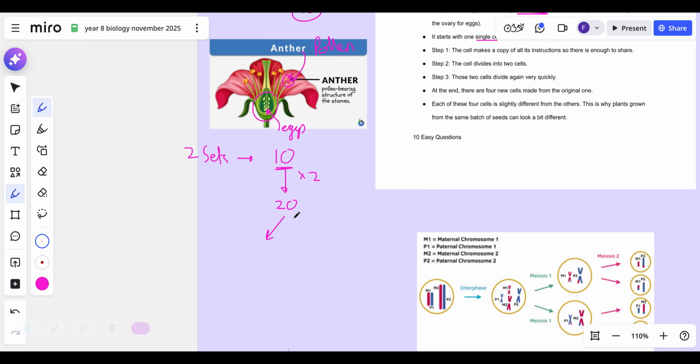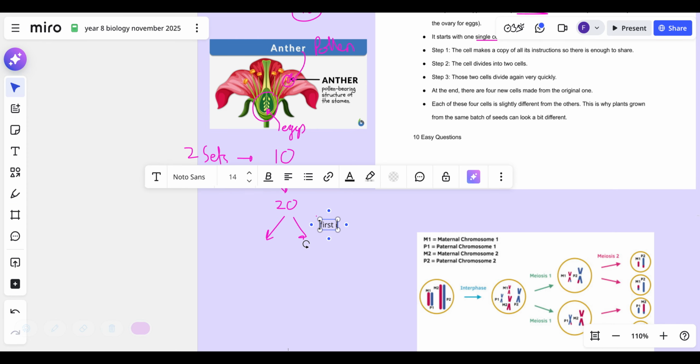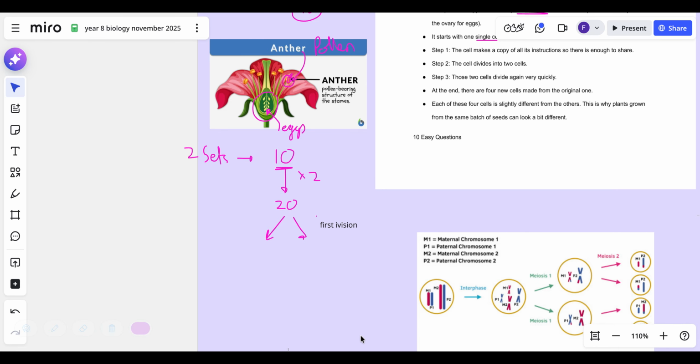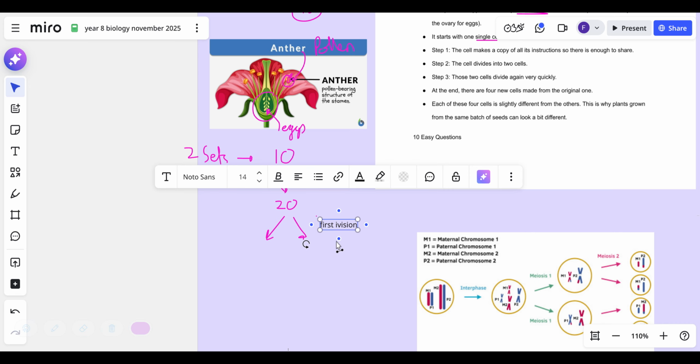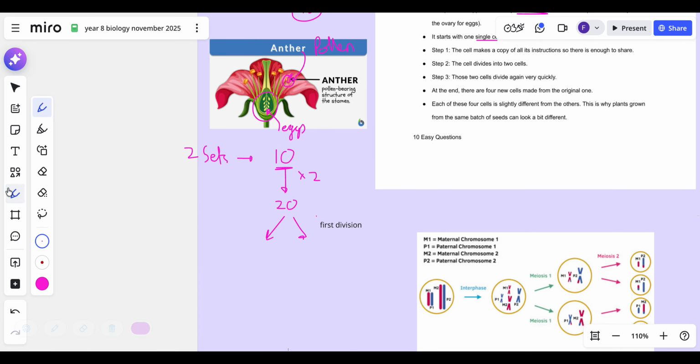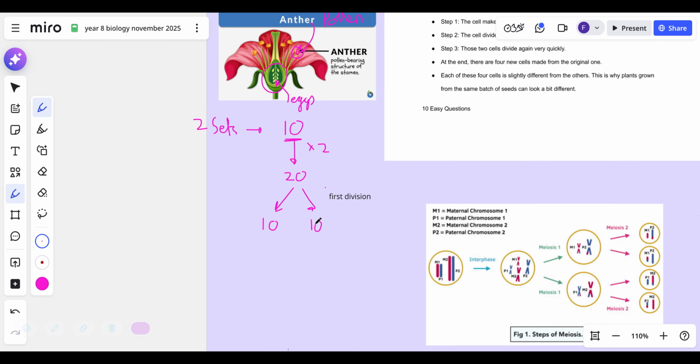This is the first division. It divides once. So after the first division, you're halving the number of chromosomes. So this cell has 10 and this cell has 10. That is still 2 sets.